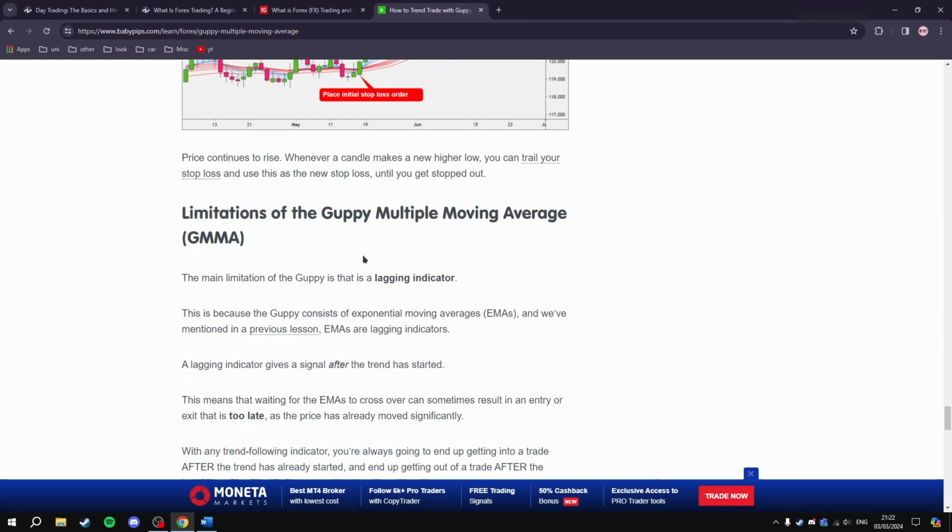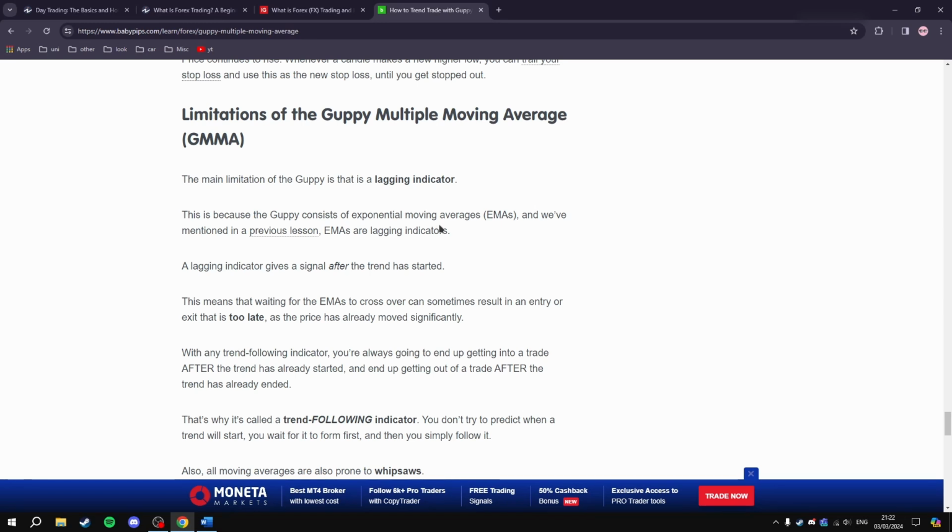Limitations of the Guppy Multiple Moving Average. The main limitation of the Guppy is that it's a lagging indicator.